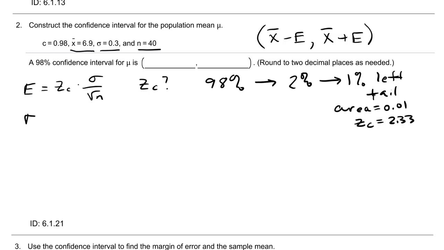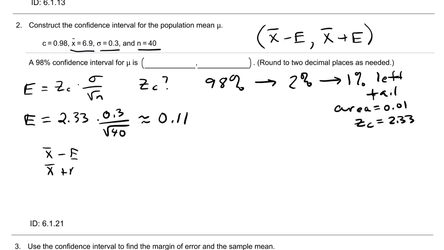So now if we go back over here and we find E as 2.33 times sigma, which was 0.3, over the square root of 40, that's going to give us about 0.11. So now we're going to build our interval. We need x bar minus e and x bar plus e.